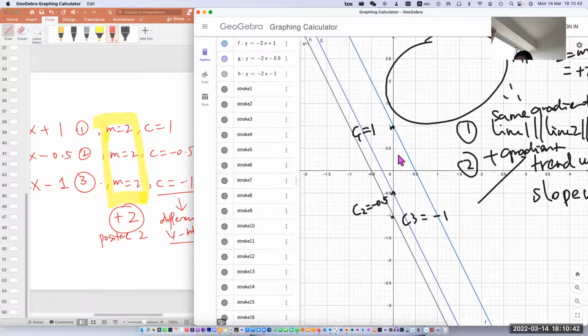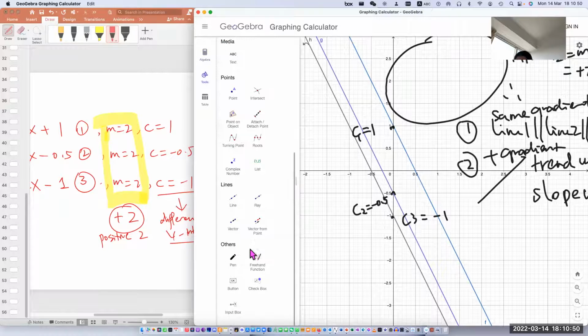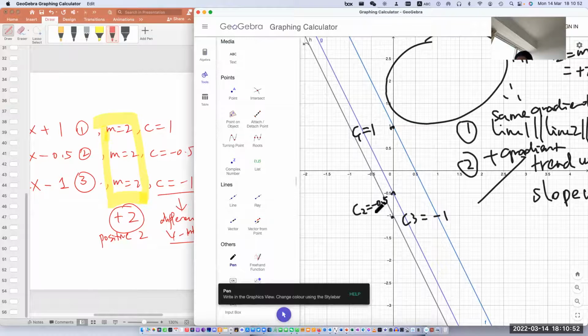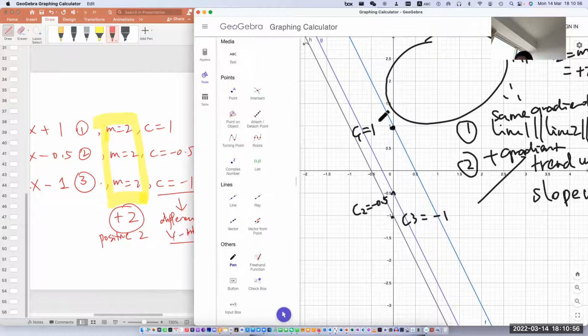The gradient has changed. Can you see? All over here, the blue line. The y-intercept has no change. C1 is still 1, C2 is still negative 0.5, and C3 is still negative 1. Y-intercept no change, but what has changed?